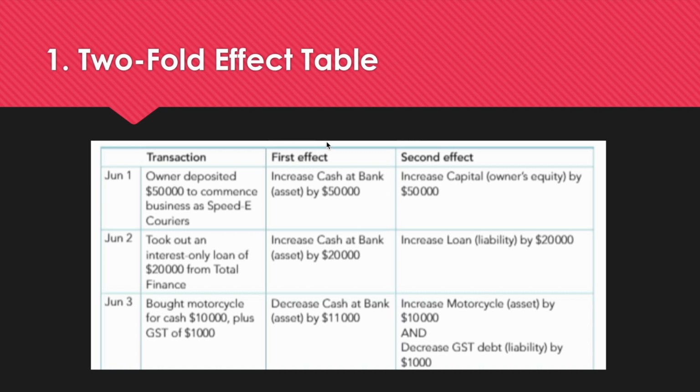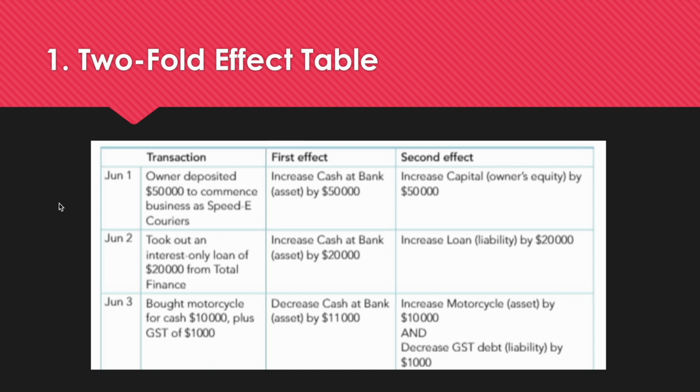So always remember the trend is the first effect would usually be an asset, right? Because it's on the left side of the balance sheet. And the second effect would usually be either a liability or an owner's equity, because in order to balance the accounting equation, you have to have equal effects on both sides.